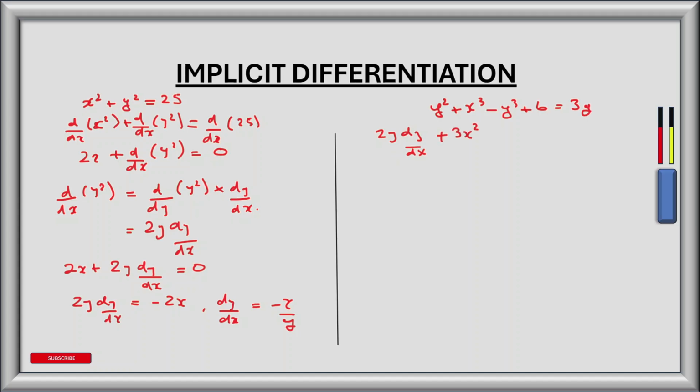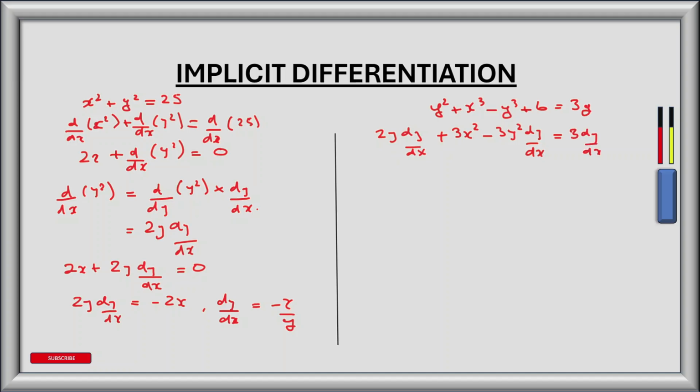And the derivative of minus y cubed with respect to x is minus 3y squared times dy by dx. The derivative of 6 with respect to x is 0. And that would equal the derivative of 3y with respect to x, which is 3 times dy by dx.